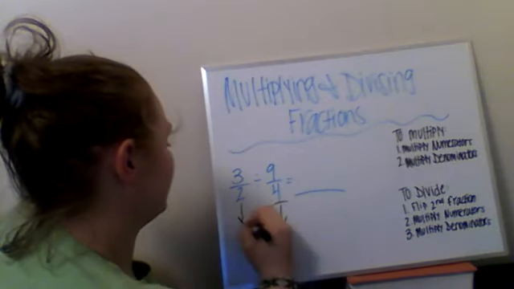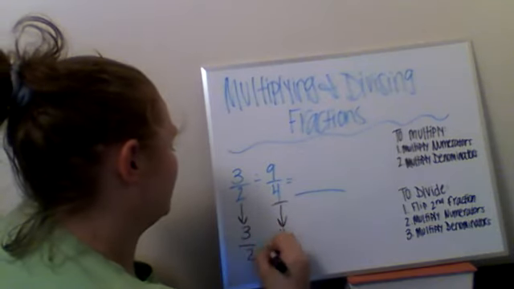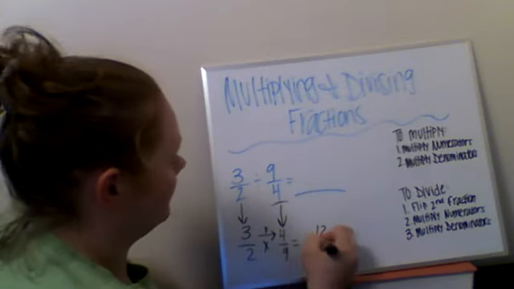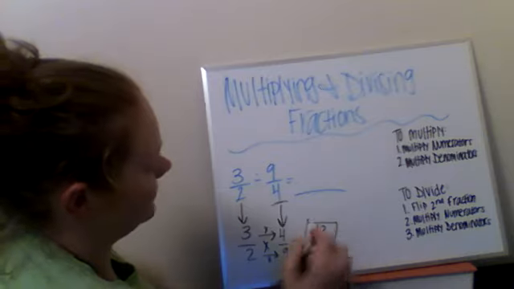I'm going to bring down my first fraction, 3/2. I'm going to multiply. Look at my numerators, multiply those. 3 times 4 is 12. Then 2 times 9 is 18. So 3/2 divided by 9/4 is 12/18.